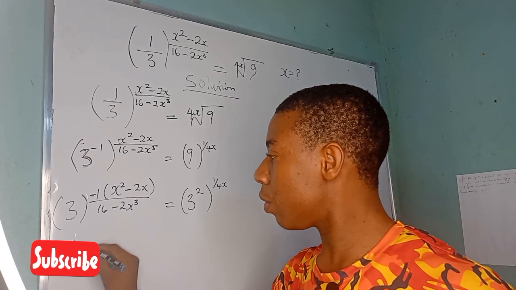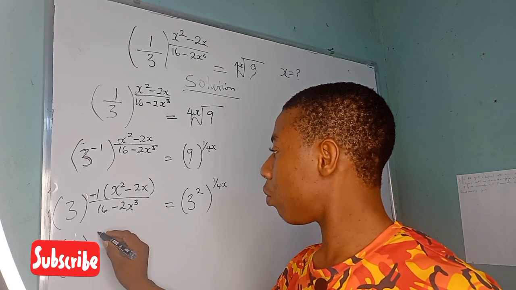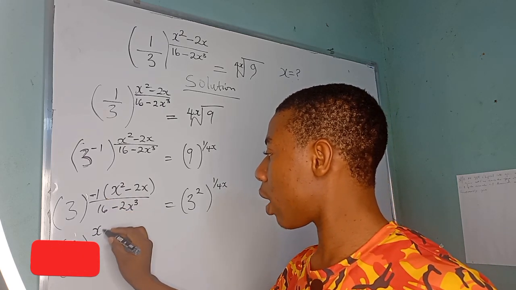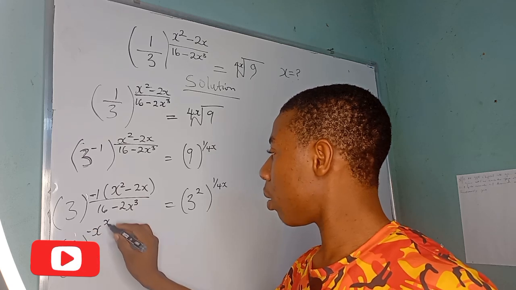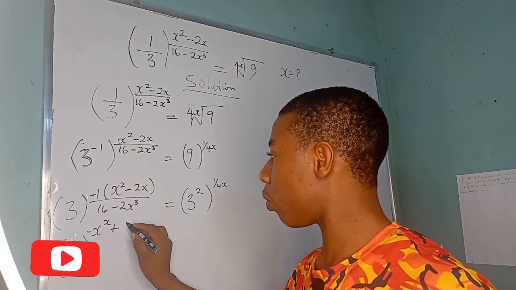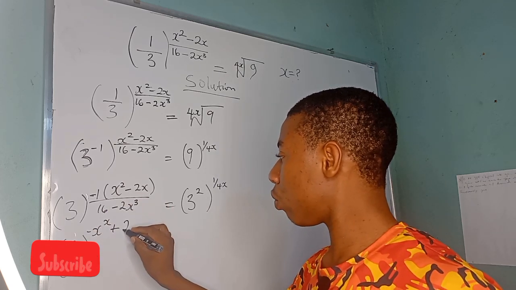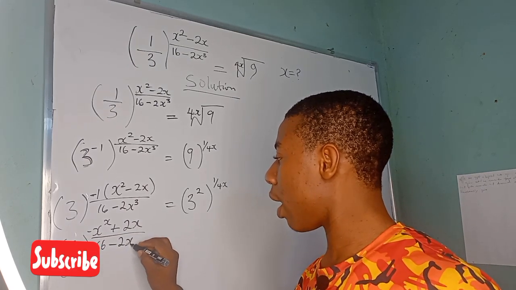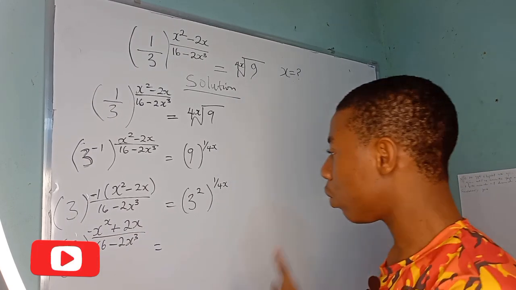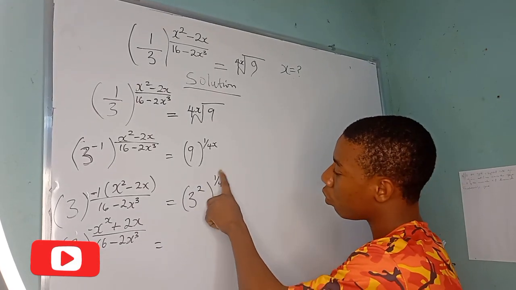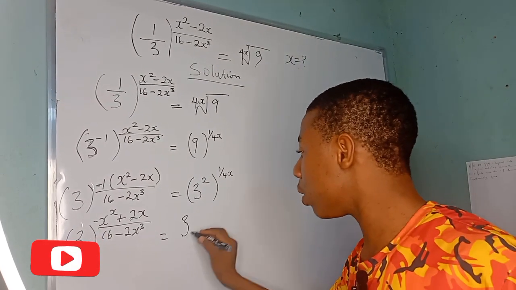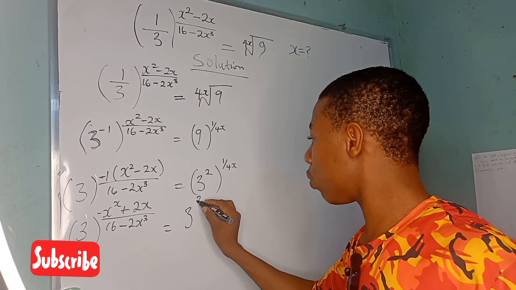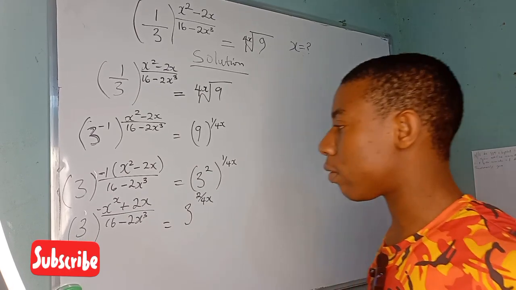We are having 3 raised to power minus 1 times x squared, which is minus x squared. Minus times minus is plus, 1 times 2x is 2x, all over (16 minus 2x cubed) equals. Now for the power, I'm going to use this to multiply: we have 3 raised to power 2 times 1 is 2 over 4x.